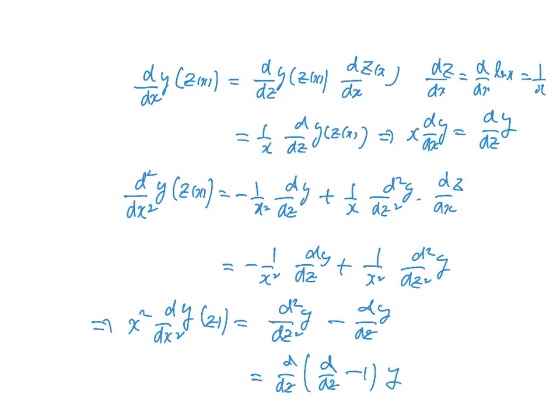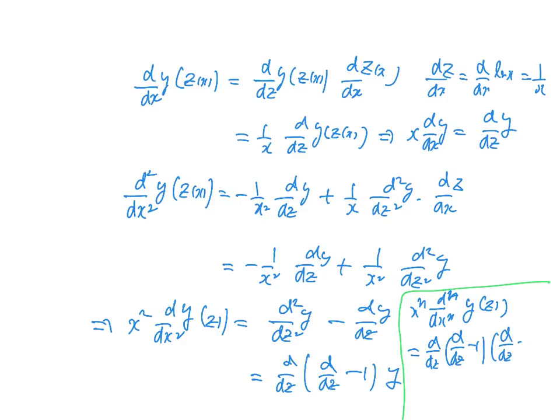So we can continue. If we continue this, x^n d^n y/dx^n will be something like this: d/dz (d/dz minus 1)(d/dz minus 2) and so on up to (d/dz minus n plus 1) y.